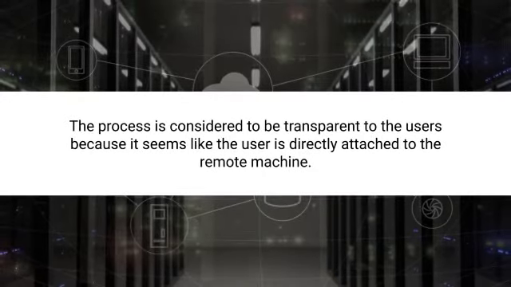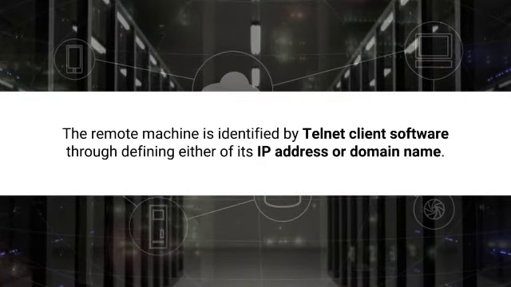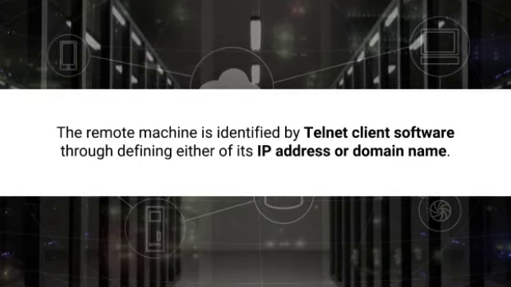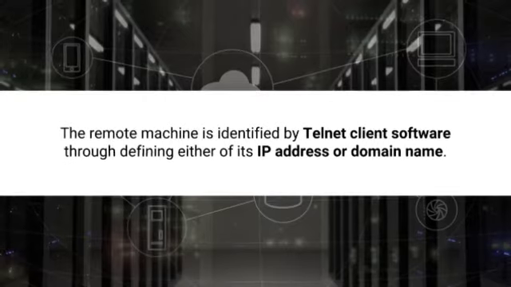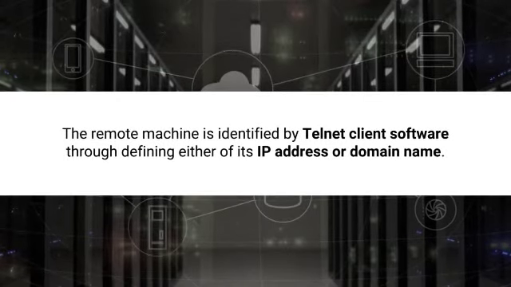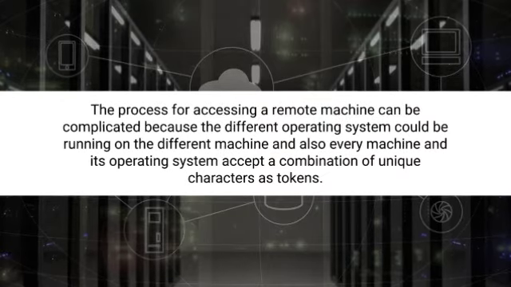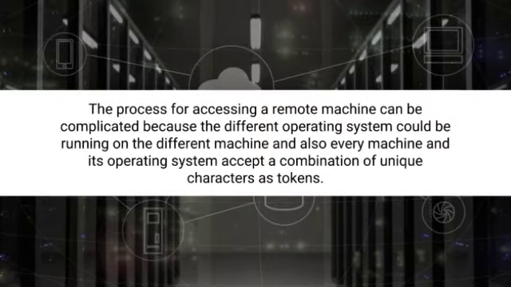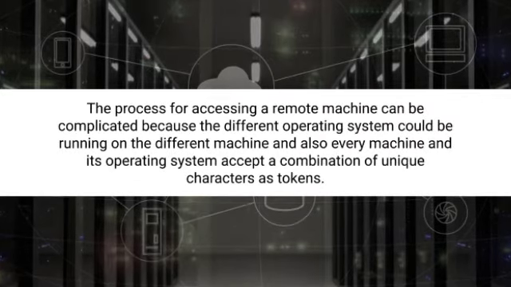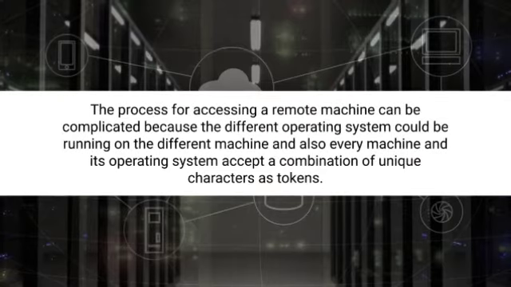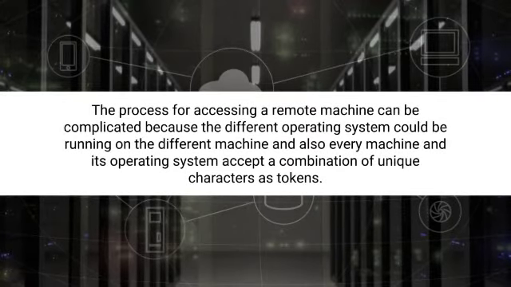the remote machine. The remote machine is identified by Telnet client service software through defining either of its IP address or domain name. The process for accessing a remote machine can be complicated because different operating systems could be running on different machines, and also every machine and its operating system accept a combination of unique characters as tokens.